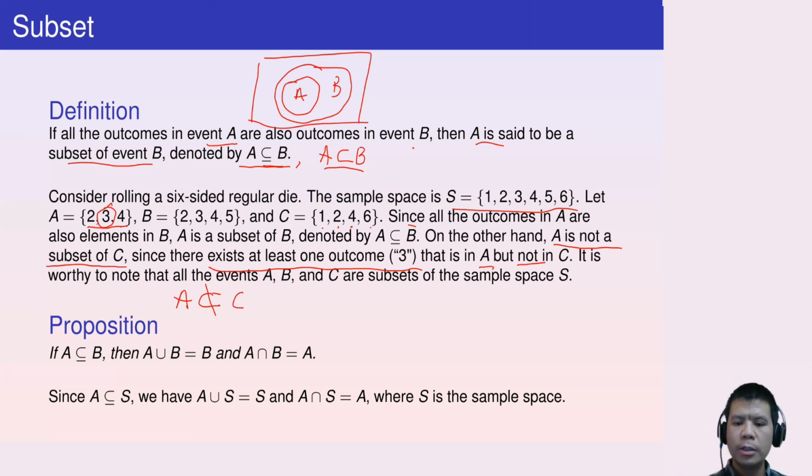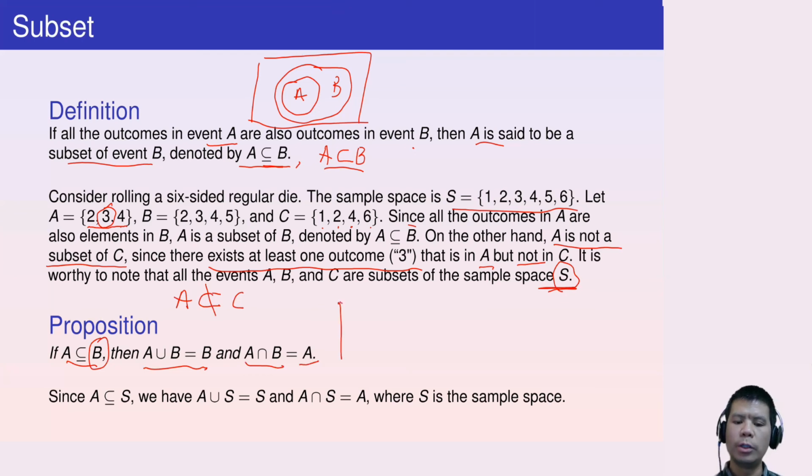Now, since the sample space consists of the set of all outcomes, every event is a subset of the sample space. Now consider this proposition. If A is a subset of B, then the union is B, which is a larger set, and the intersection is a smaller one.